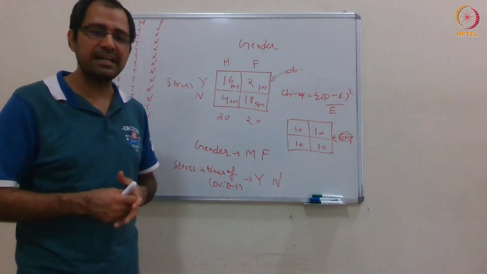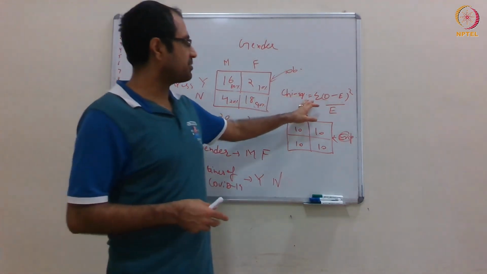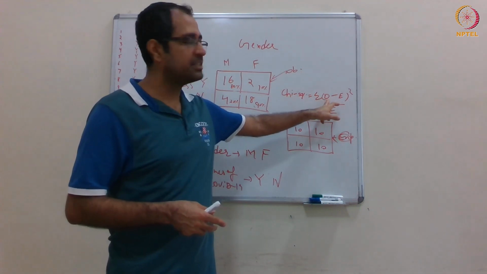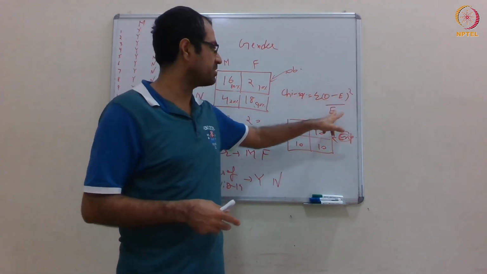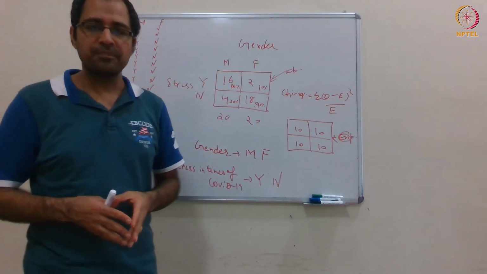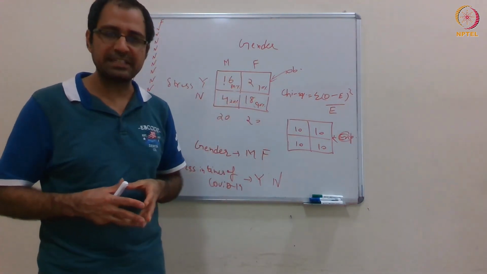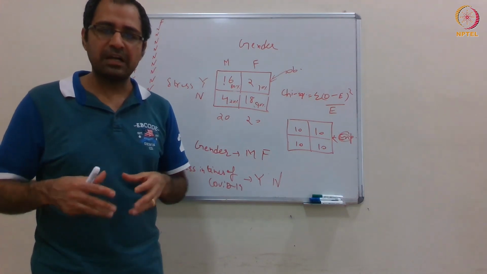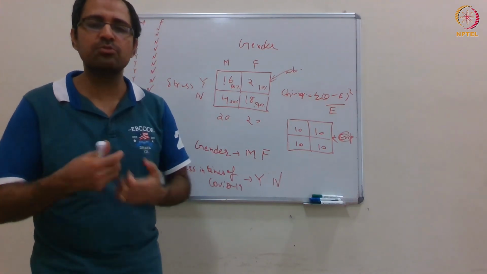Now, is there a way to quantify this? Yes, there is the chi-square test. The chi-square test involves observed and expected values. This is the formula: summation of observed minus expected, whole squared, divided by expected. These are observed values, 16, 4, 2, 18. What is expected? Expected is assuming that there is no relationship or no difference.